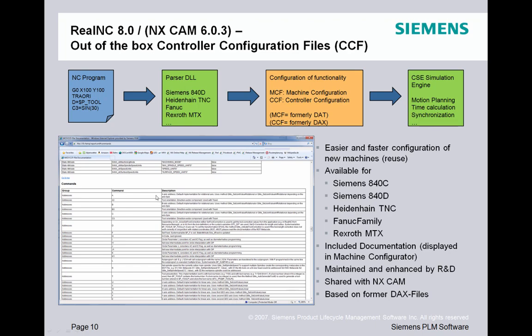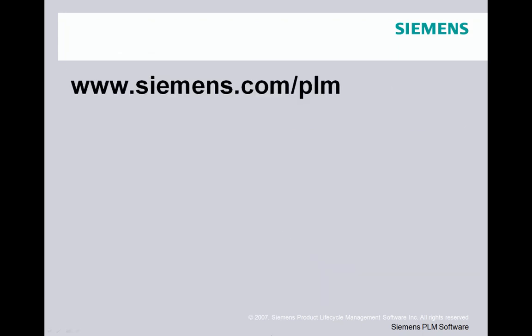So if you need those, let us know. These CCF files contain a lot of predefined functionality that you can just use out of the box. They are, in the meantime, fully documented, so you can create your own documentation out of Machine Configurator that really tells you what functionality is defined in the CCF file.